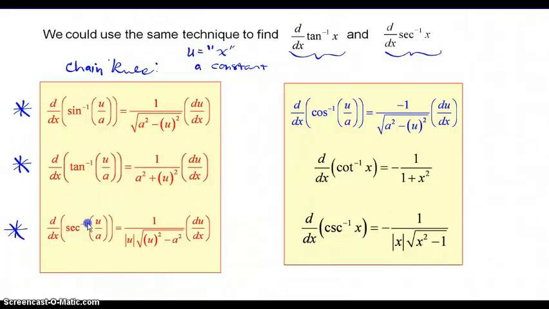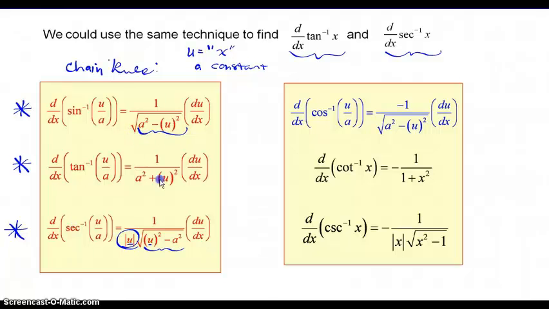And the derivative of secant inverse of u over a is 1 over the absolute value of the expression in x times the square root of, now it's the expression in x squared minus the constant squared. So this relationship is reversed under the root sign. But what's most important, what we look for with secant inverse, is that down here in the denominator we have this expression in x on the outside of the root. That's what we look for if we think it's secant inverse.